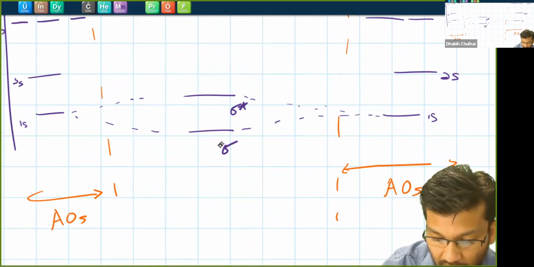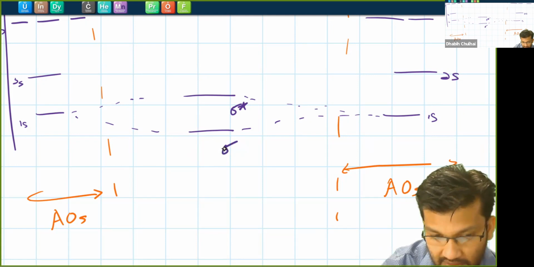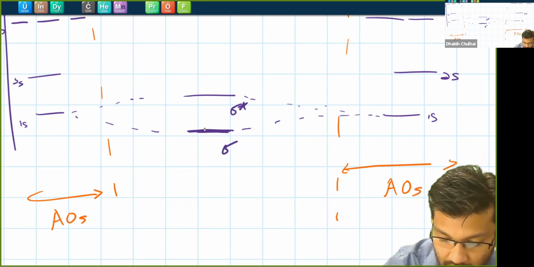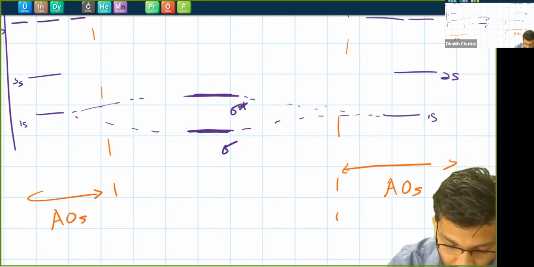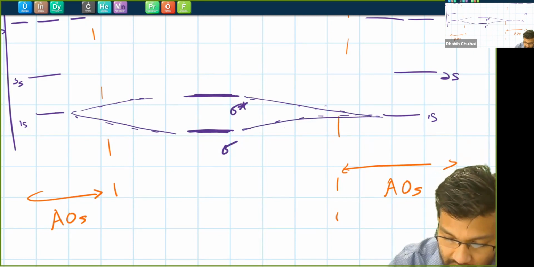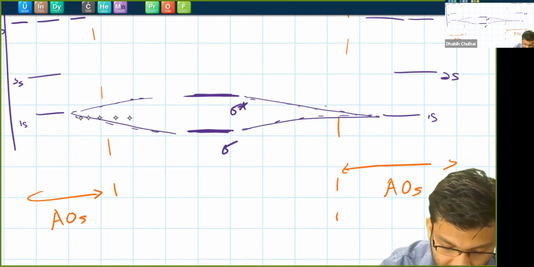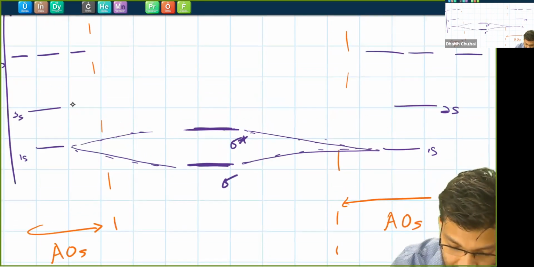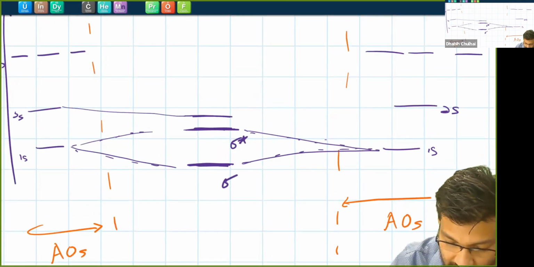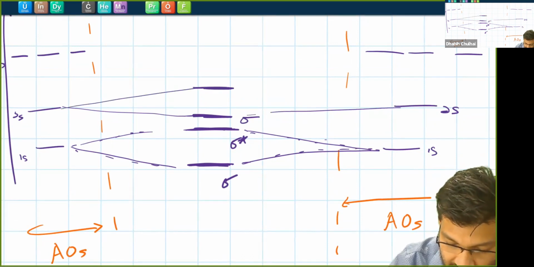The bonding without the star is always going to be lower in energy than the anti-bonding, which is always going to be higher in energy. So sometimes you see little lines just showing you that. So one is always going to be lower in energy than the 1s you started with. One is always going to be higher in energy. Same for the 2s, right? You can form a sigma here and a sigma star right there.